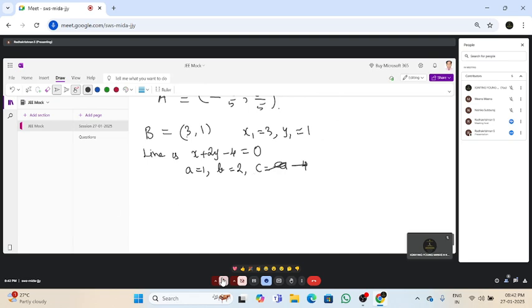So the formulas are given by this, x minus x1 by a.